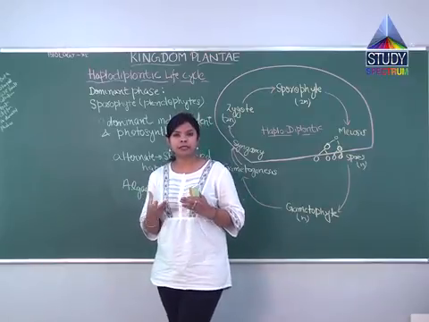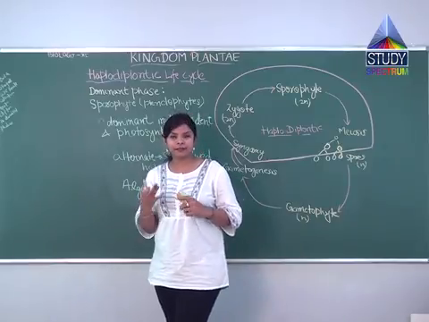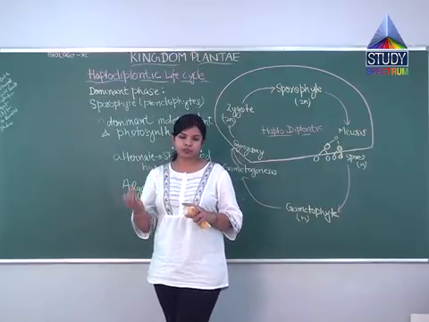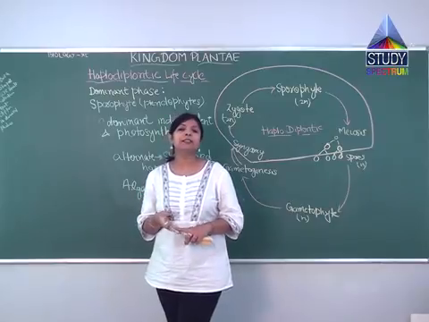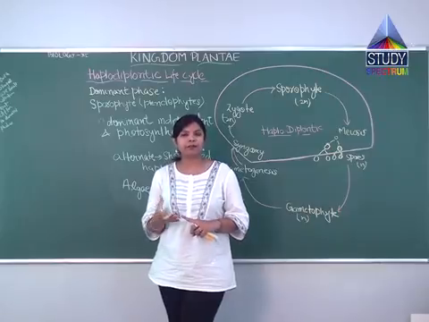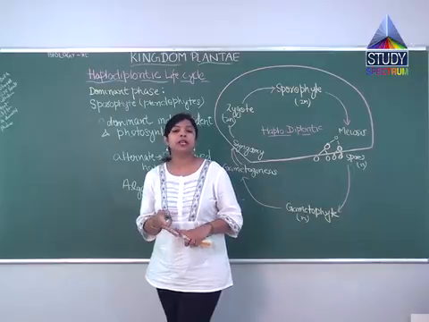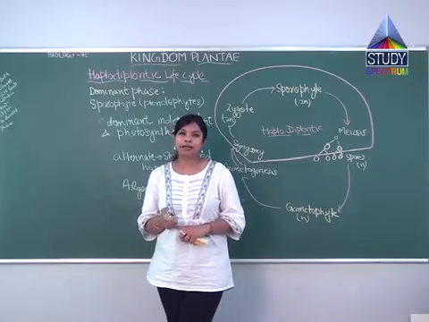Now the next question is, enlist the general characteristics of pteridophyta with two examples. Students, if you recall, what are pteridophytes? These are the first true terrestrial plants on the earth. Here the body is well differentiated into root, stem and leaves.